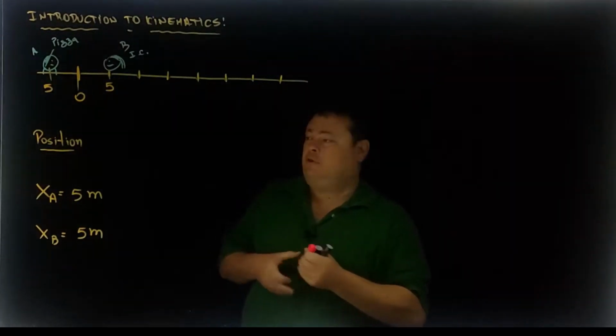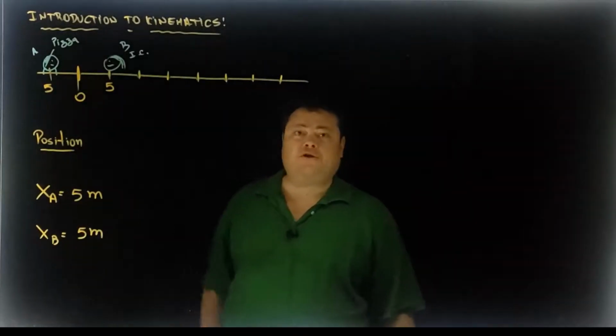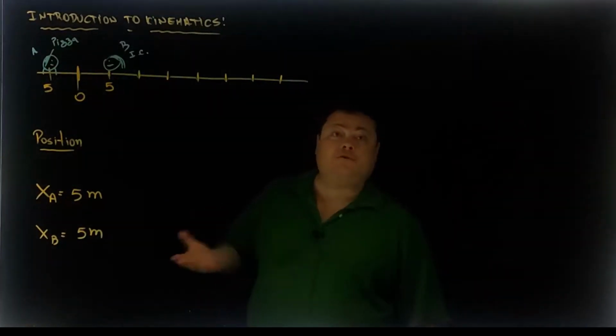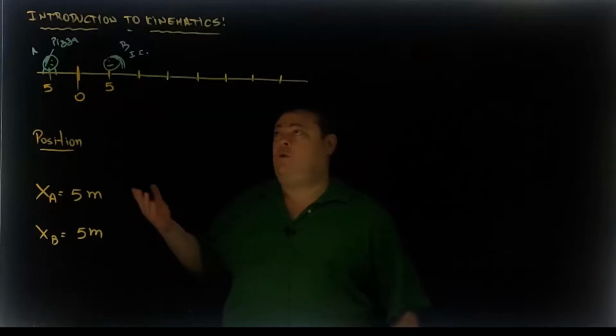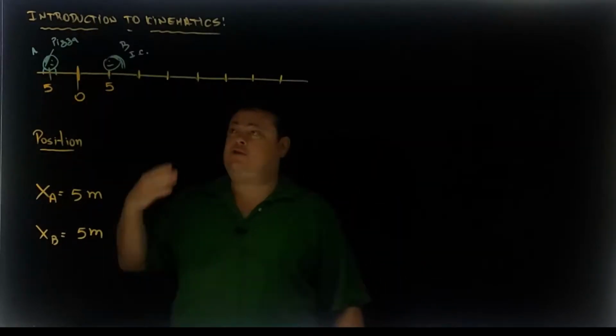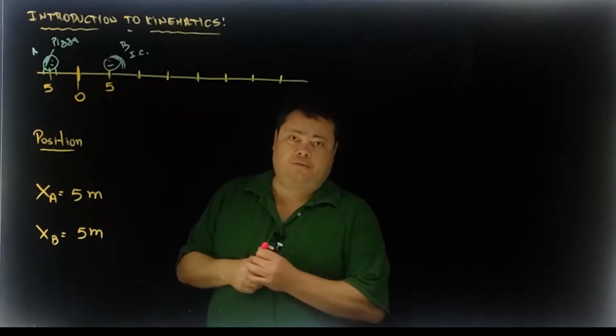But an observer looking only at this information here would be led to believe that they are in the same spot, that the two are side by side. And well, they're not. So I need to distinguish these two positions.